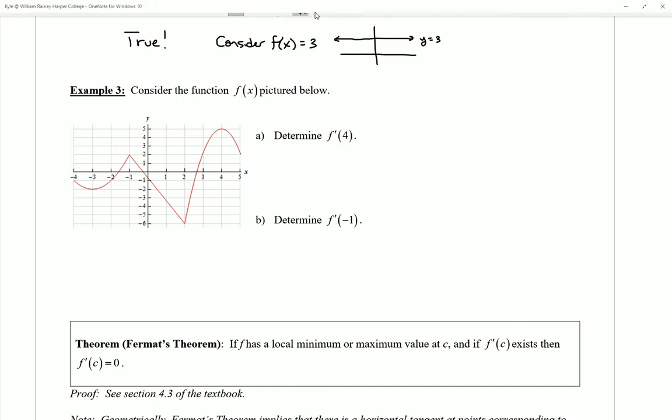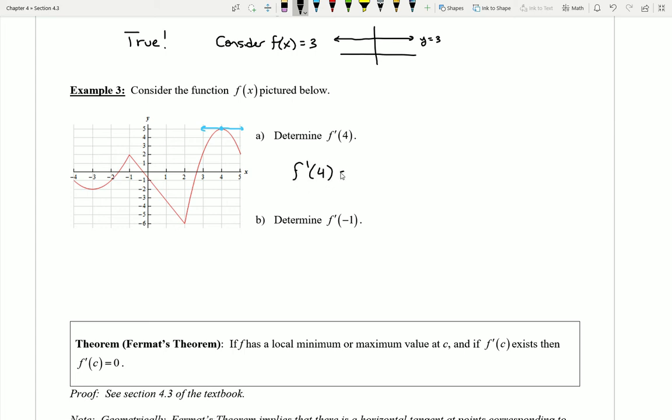So what we're curious about here is that if I was to go to the x value of 4, go to the function, and think about the tangent line that I would construct here, what would the slope of this line likely be? Well, since it's a flat line, we would probably state that f prime of 4 is equal to 0. The slope of that line would be 0.